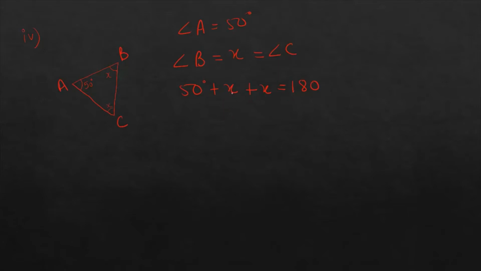So here x plus x is equal to 2x, which is equal to 180 degrees minus 50 degrees. Okay. So it's 130 degrees, the value of 2x, but we have to find the value of x here. So we'll divide 130 by 2, which is equal to 65 degrees. Okay. So that will be the answer. X is equal to 65 degrees. Answer.